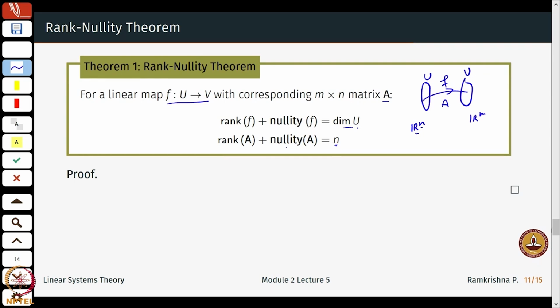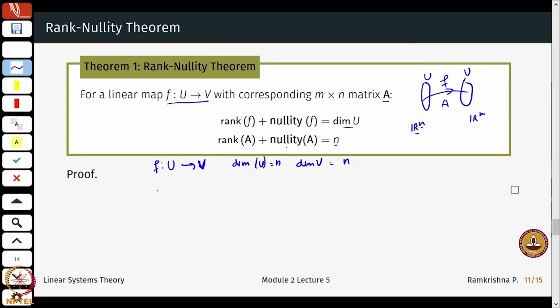Okay. Now, we will just quickly do a sketch of the proof. So, I can start from F going from U to V, with dimension of U being n, and dimension of V being m.